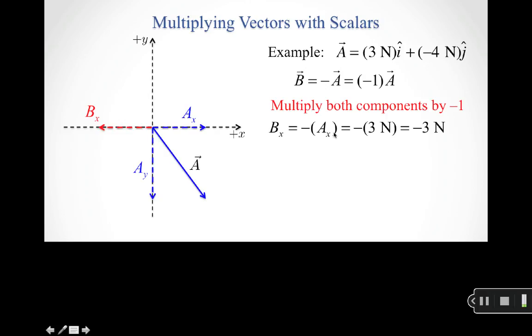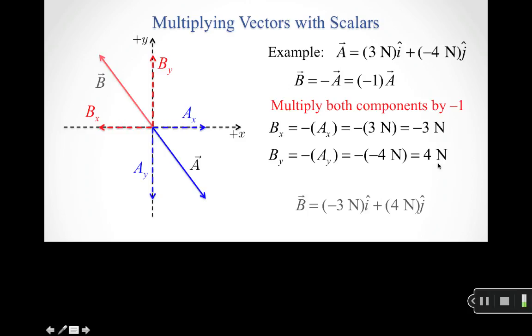So the x component of vector B is going to be negative 1 times the x component of vector A, so negative times 3 newtons, that's negative 3 newtons. The y component of vector B is going to be negative times negative 4, which is positive 4 newtons.